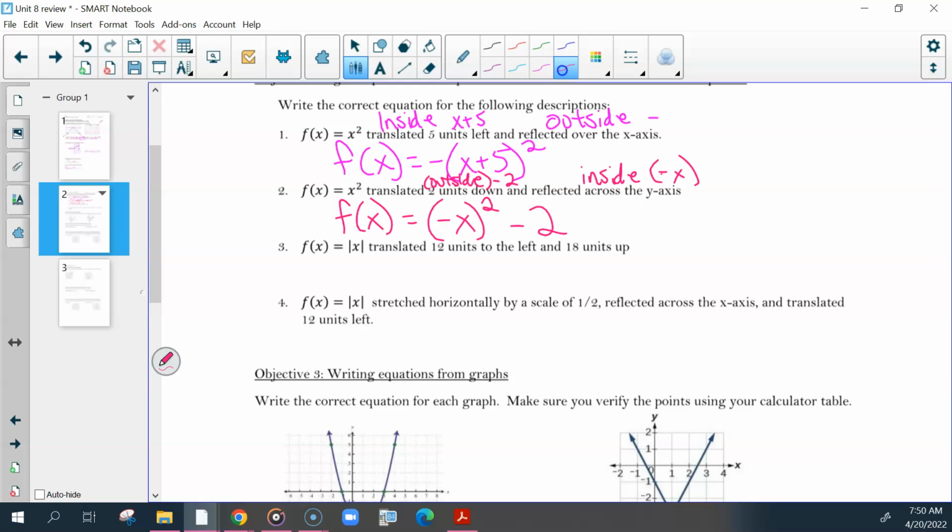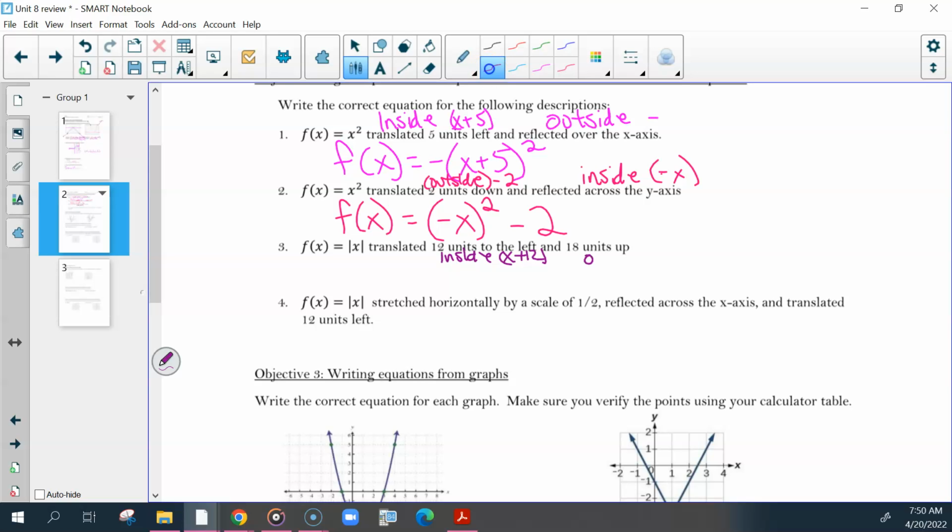The next one is an absolute value function. This is translated 12 units to the left, so that is an inside thing. And again, it does the opposite, so that would be plus 12. And then we are also translating it 18 units up.